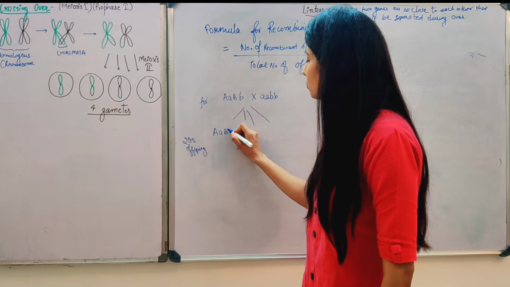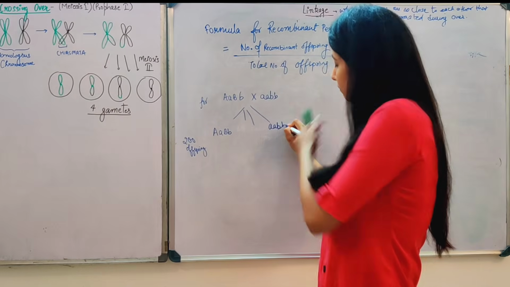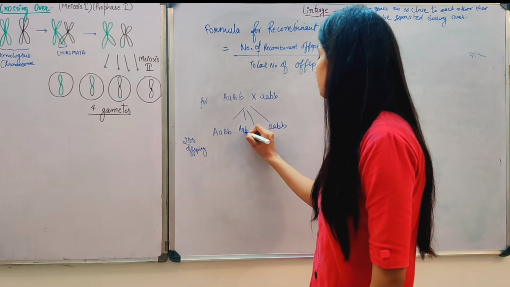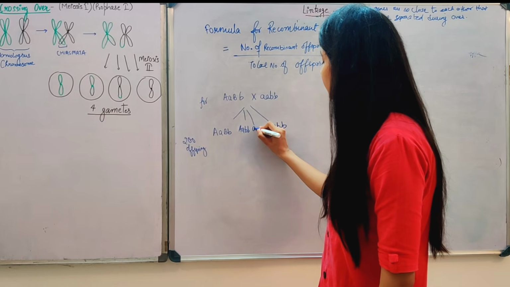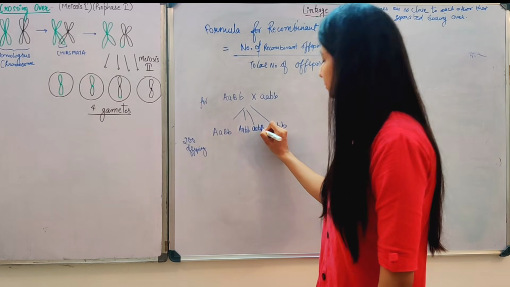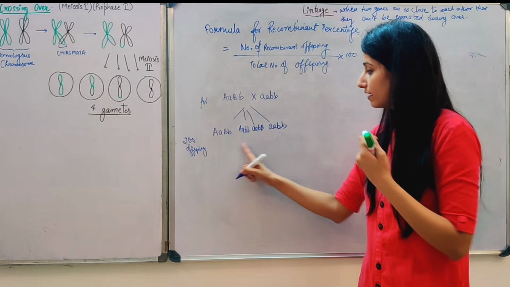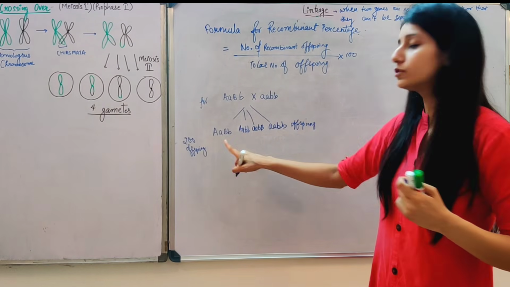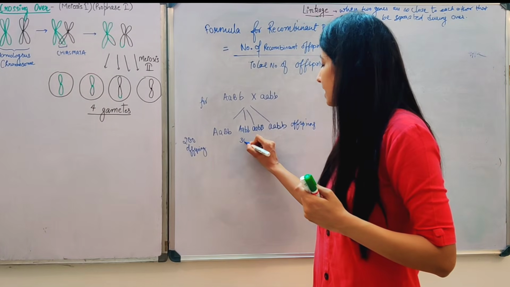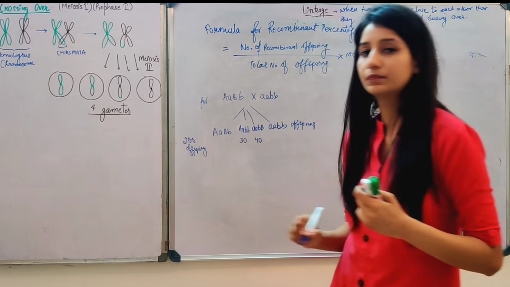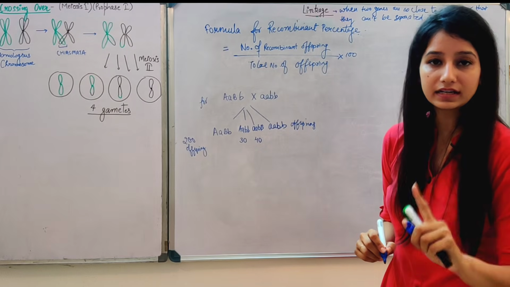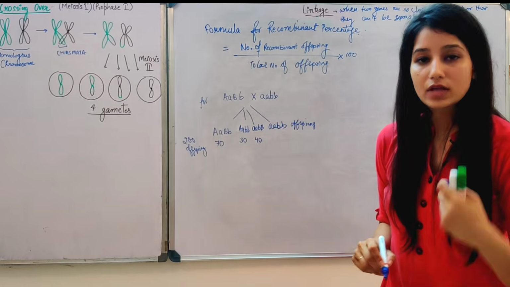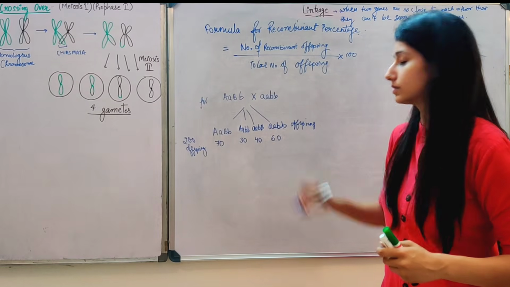Two were similar to the parents, while the other two are recombinant types. These are the four offspring. Out of this 200, 30 is this and 40 is this. That makes 70, and 130 is remaining. Out of 130, 70 is this and 60 is this.